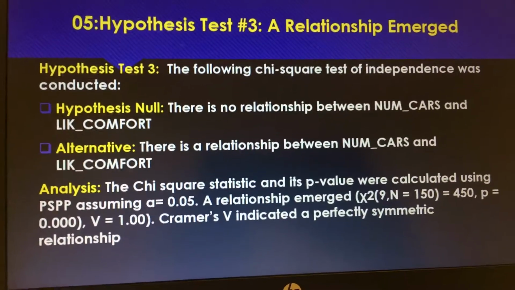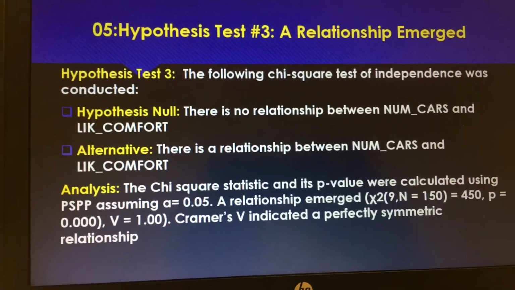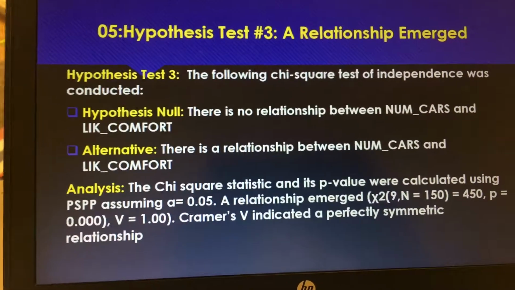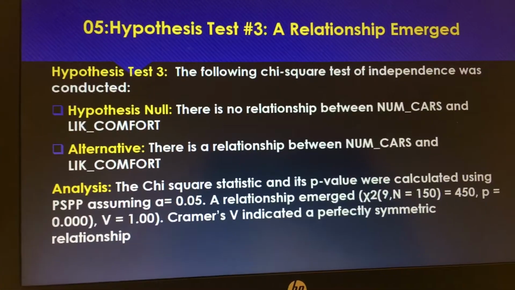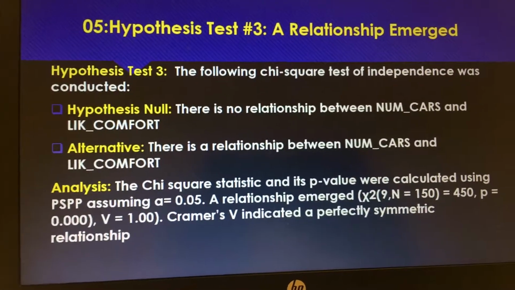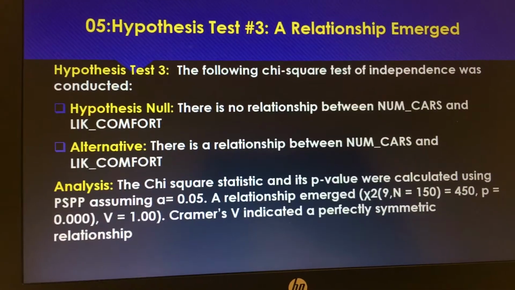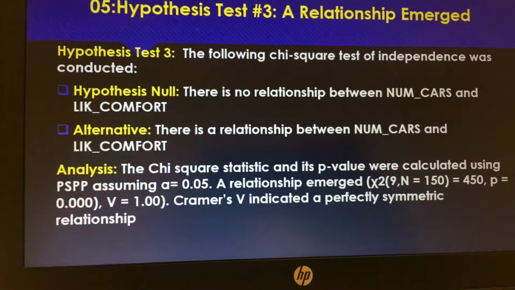Here we were looking at num-cars and link comfort, and the null said there was no relationship. The alternative said there was a relationship, and we indeed found that there was a very strong relationship.